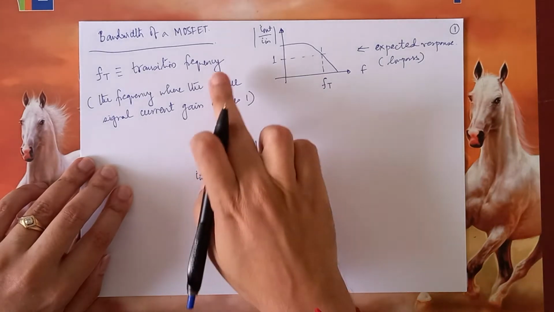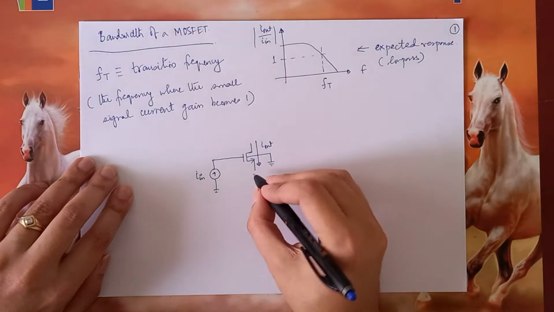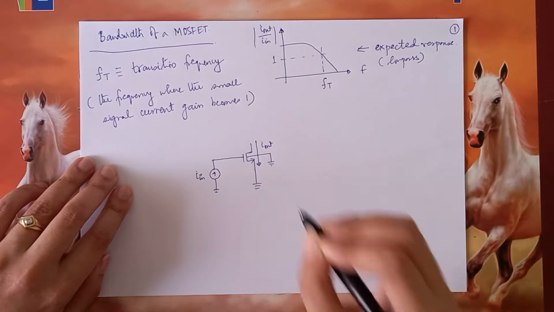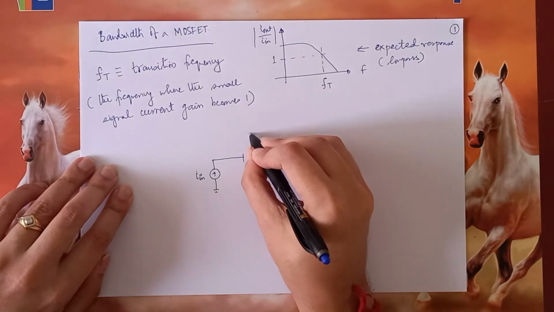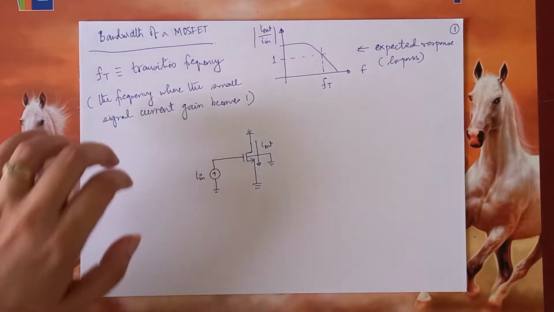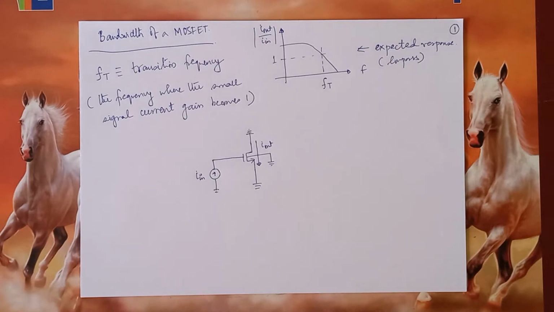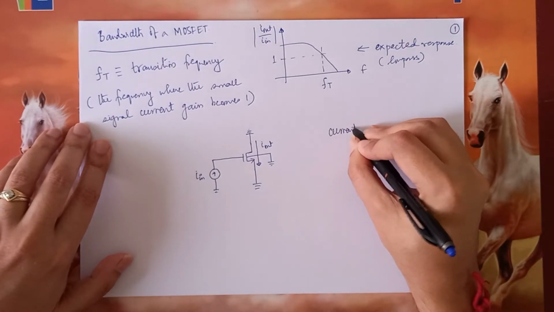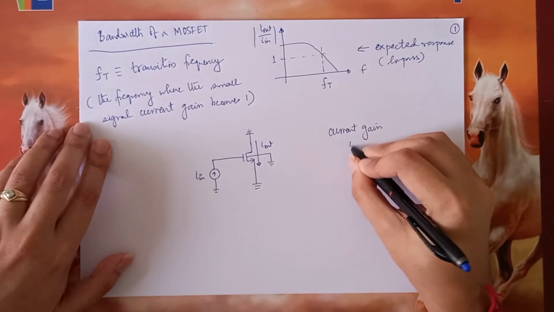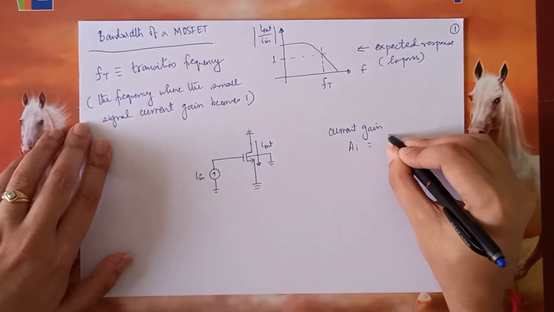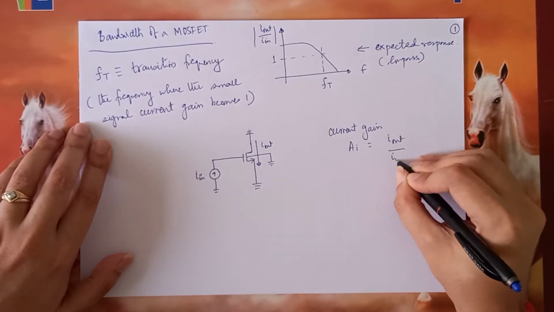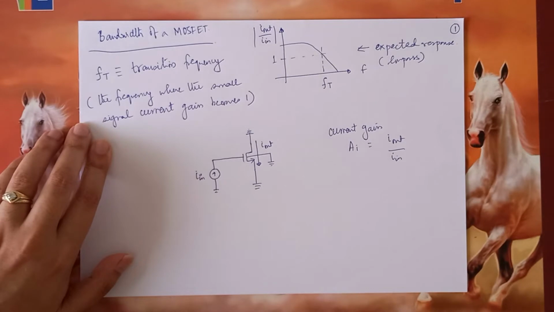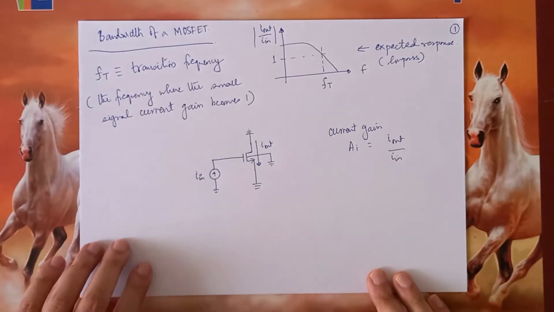When I say the small signal current, it means that all the DC sources in the circuit must be deactivated. So both drain and source DC sides, I'm connecting them to ground. And I define my current gain, or AI, as I out by I in. Notice that the currents are labeled in small letters, indicating that they are small signal or AC currents.